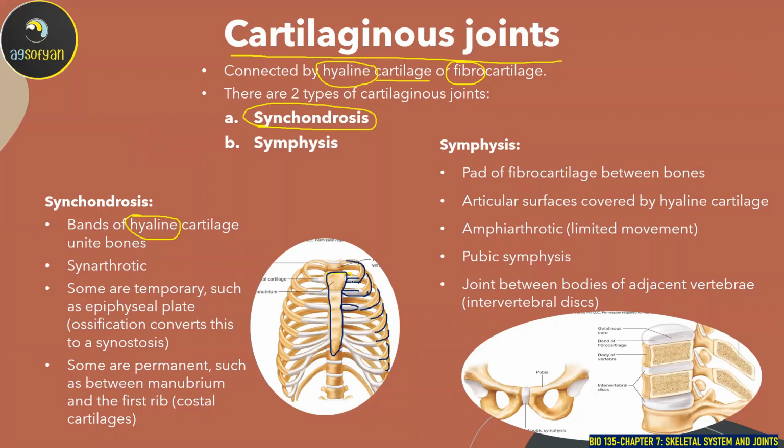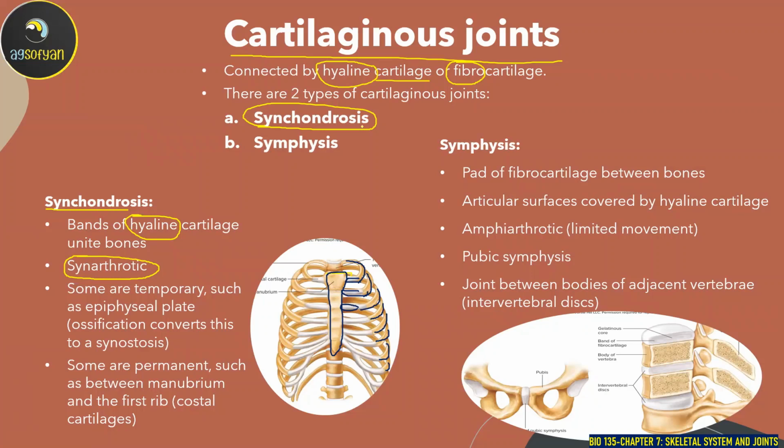So this is a type of synchondrosis. These are synarthrosis, an immovable type of joint. So synchondroses are immovable joints.